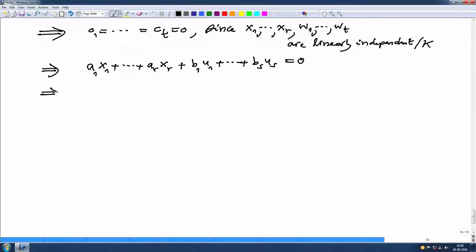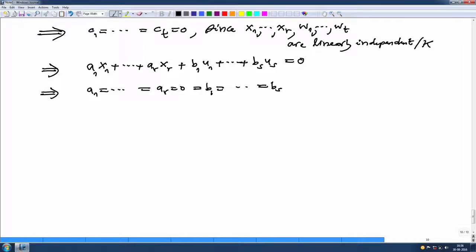So, that shows all the coefficients must be 0. So, A1 to AR are 0 and similarly B1 to BS are 0. So, altogether we have proved that all A's are 0, B's are 0 and C's are also 0. So, that proved linear independence of x1 to xr, u1 to us and w1 to wt.